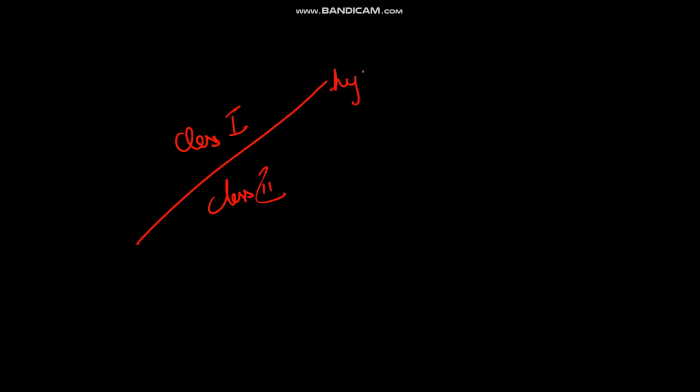It works like this: a line which is differentiating data points of class 1 and data points of class 2, and we get a best fit line. Basically this line which is drawn is known as a hyperplane.